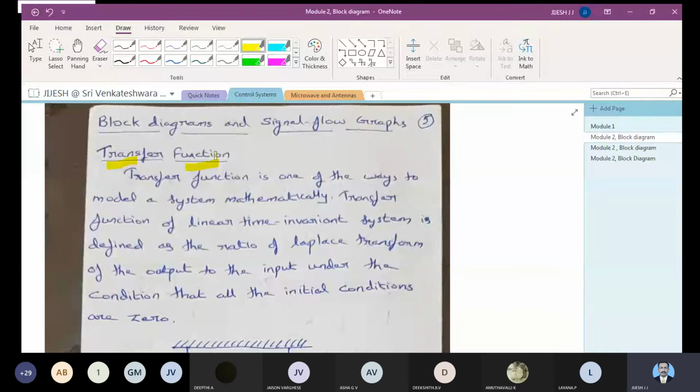So that is what you can see here. Transfer function basically discusses the ratio of output to the input under the condition that the initial conditions are 0. So you can just note down the definition for that.